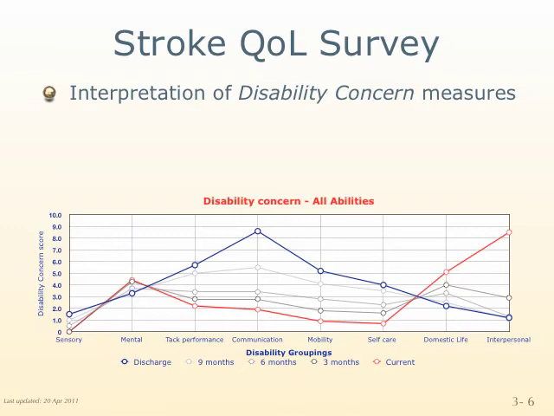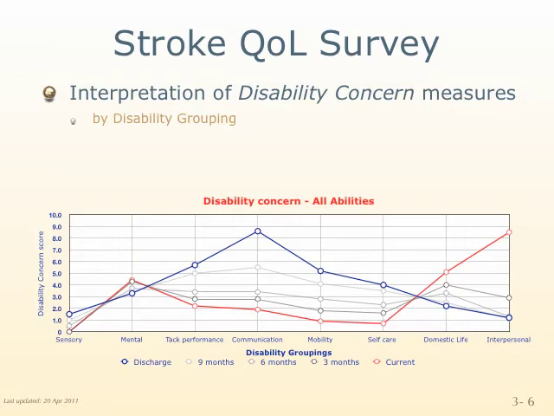It shows the disability concern measure for 8 of the disability groupings covered by the Stroke Quality of Life Survey. The disability concern measurement is calculated by summing the products of the scores given by the stroke survivor to the level of concern question and the relative priority question.